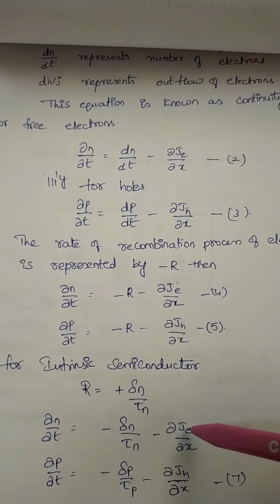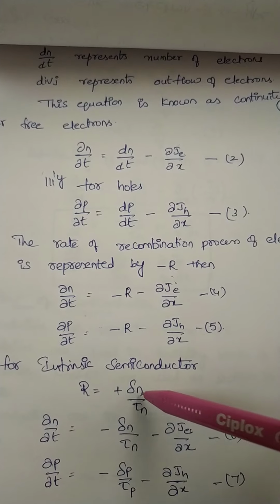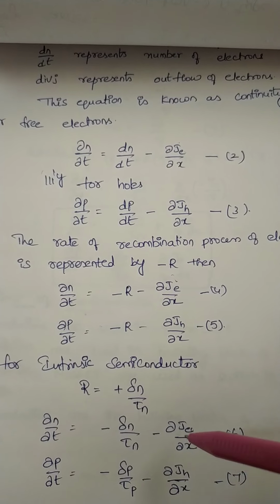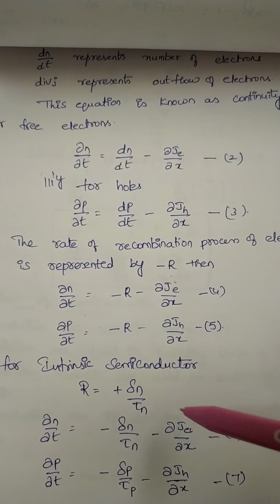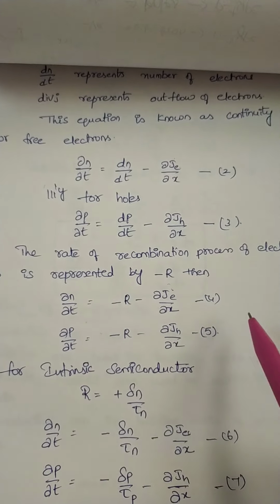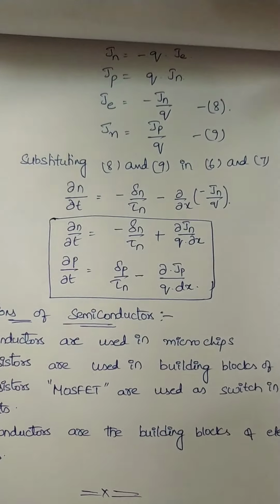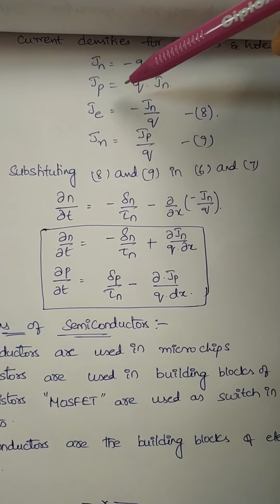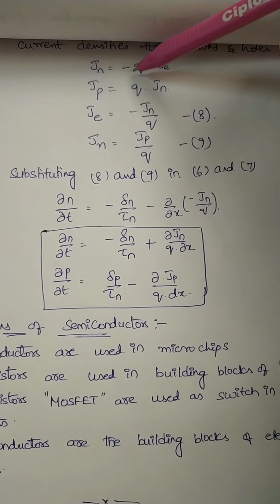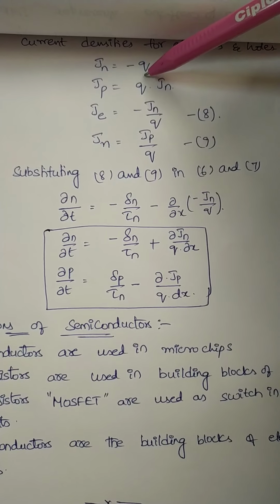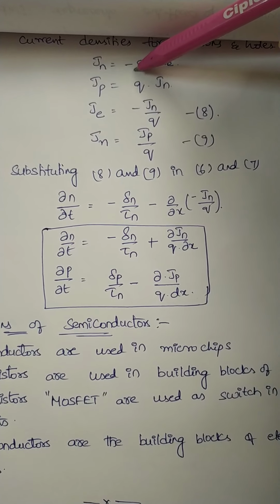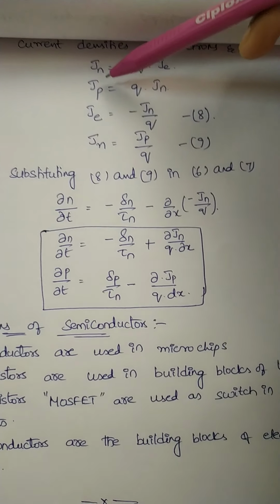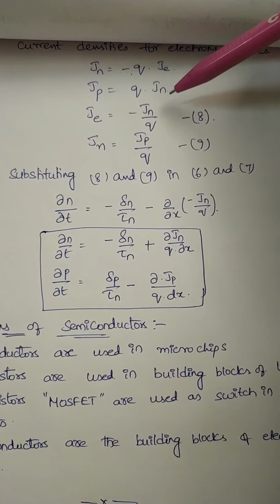Now we have to represent this in terms of n for the electrons and p for the holes. The Je and Jh equations can be written as Jn = −q Je, since electrons have a negative charge. And for holes, which are positive, Jp = q Jh.